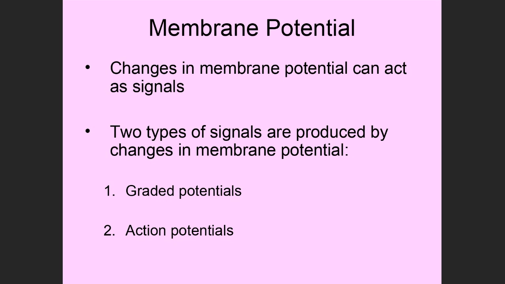One last thing that's important to remember as we review this concept and get ready to apply it to nerve cells is the idea that changes in membrane potential are what trigger a skeletal muscle cell to contract. Skeletal muscle cells at rest have a membrane potential equal to negative 70 millivolts.